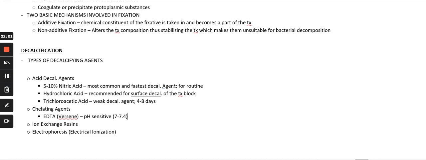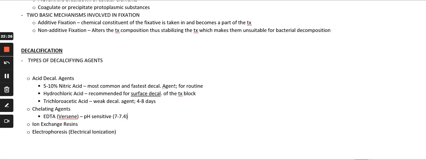When we use it at a pH of 3, there is actually no binding of our calcium ions. But if higher than 7 to 7.4, like for example a pH of 8, it is actually the optimal pH for our calcium binding.